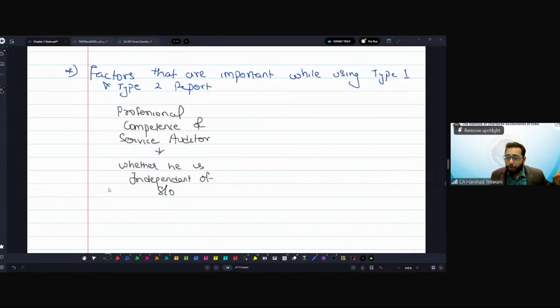So I will understand the professional competency and his independence with respect to the service organization.